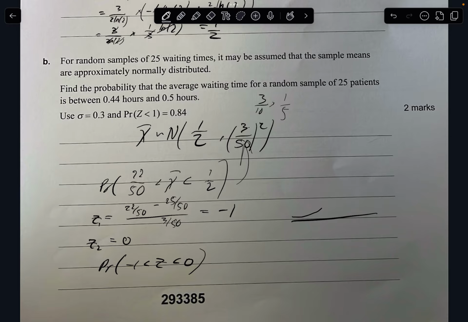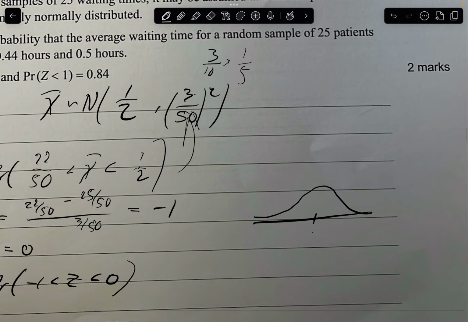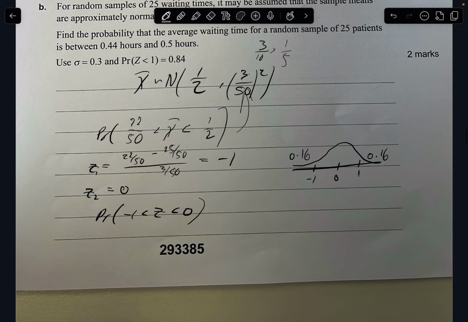Now if you draw that out, you've got 0 is bang on in the middle, and -1 is here. Now we know that less than 1 is 0.84, so that means greater than 1 is 0.16, meaning this is 0.16. So you can write that out. Probability of z greater than 1 is equal to 0.16. Therefore, probability that z is less than -1 is equal to 0.16.